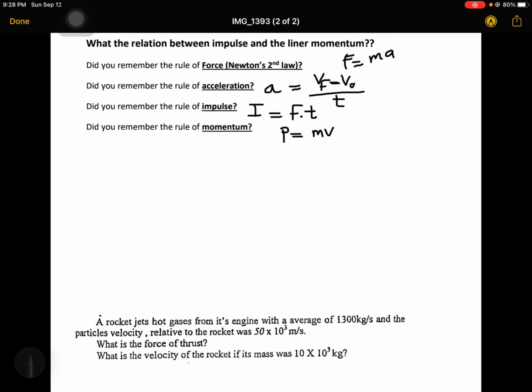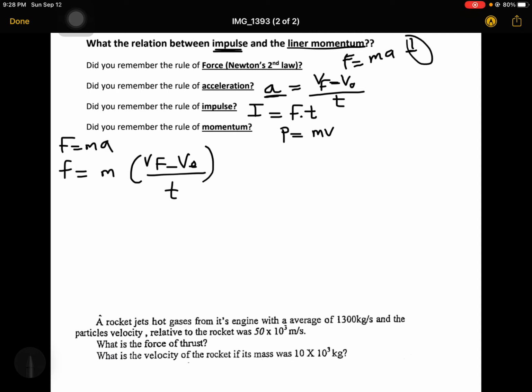Now let's apply all of this to understand the relation between impulse and linear momentum. I'm going to start from equation number 1. F equals ma. By substituting the value of a inside this equation, F is going to be equal to m times vf minus v naught over time.